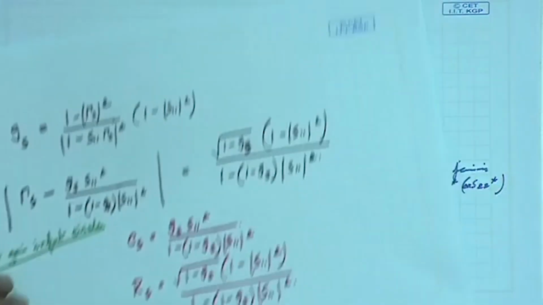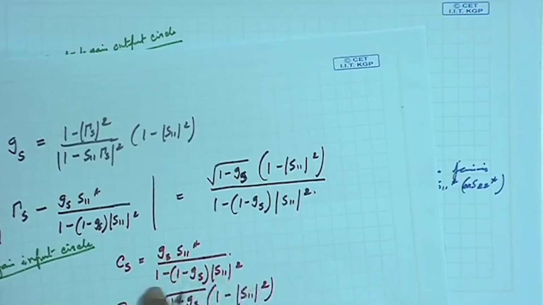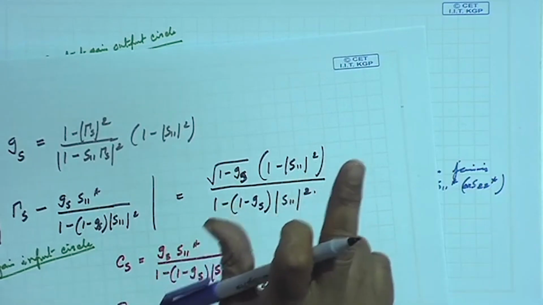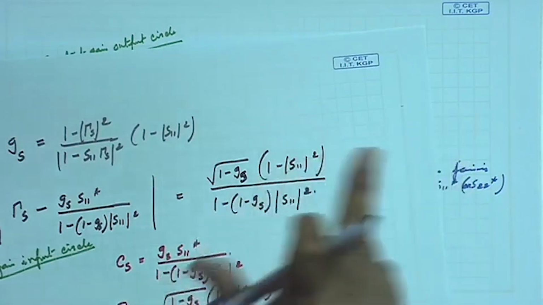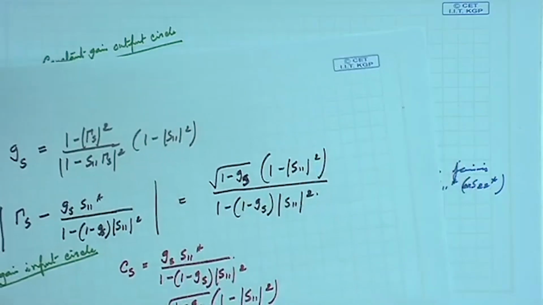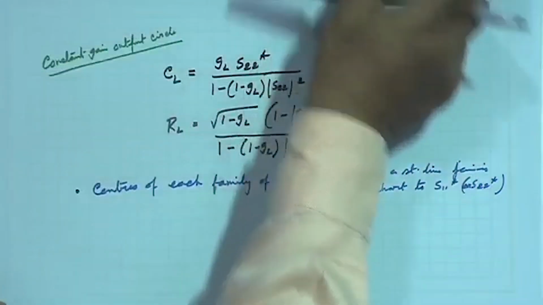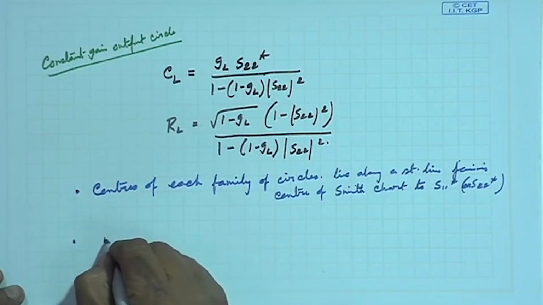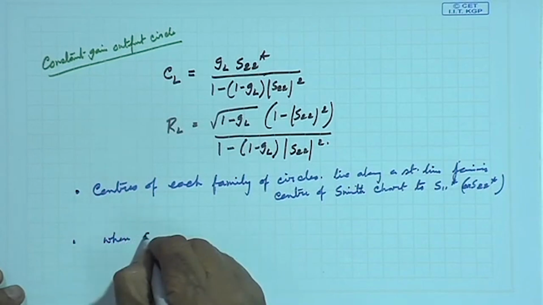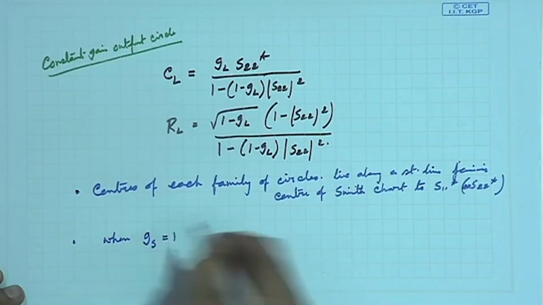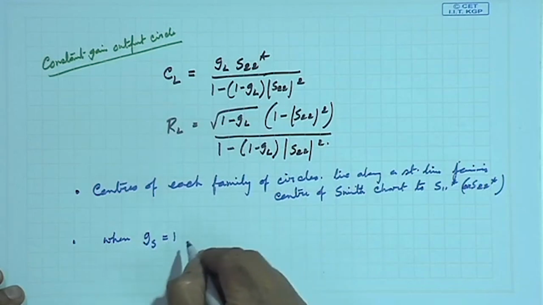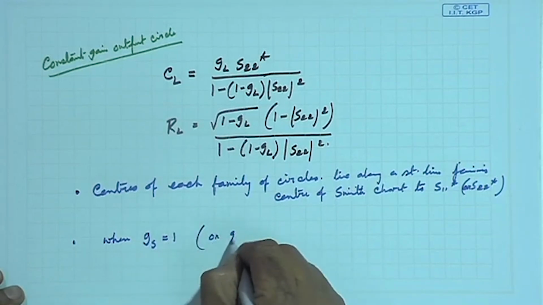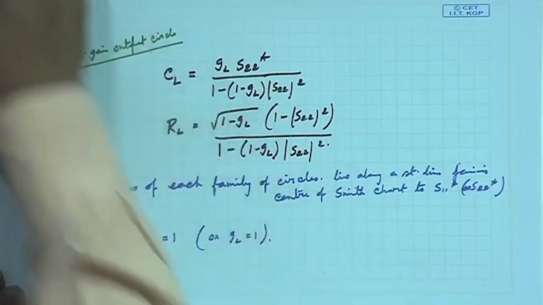You see, the center is, this is all some real number. So, CS is along S11 star, in the Smith chart that is a complex number. So, it is along S11 star, or CL is along S22 star. Then another point is when GS is equal to 1 or GL is equal to 1, what happens?